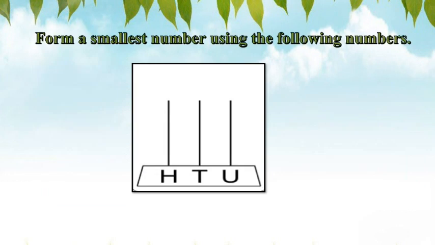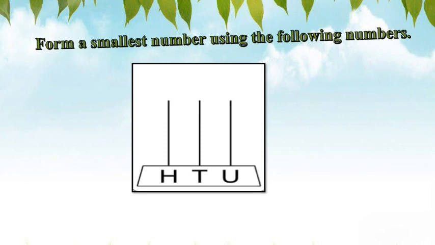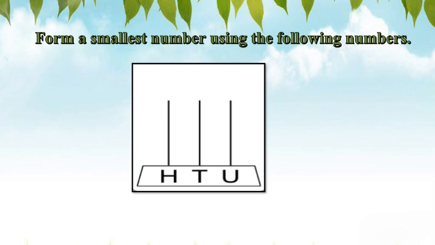This time you have to form the smallest number using the following numbers. I will give you a number. Using this number you have to create a smallest number. Okay, are you all ready? Okay, let's start.